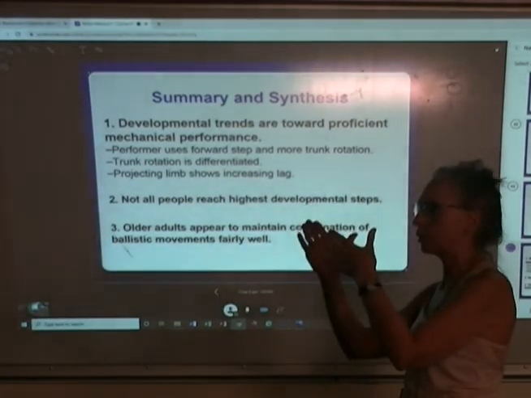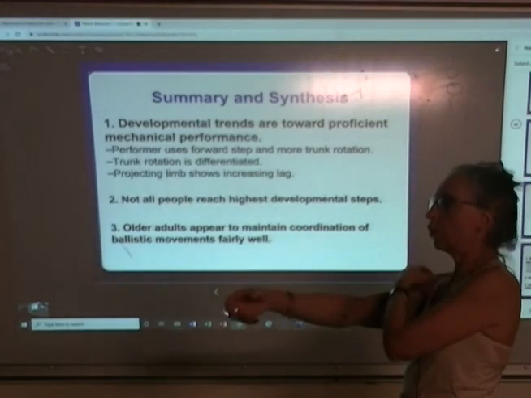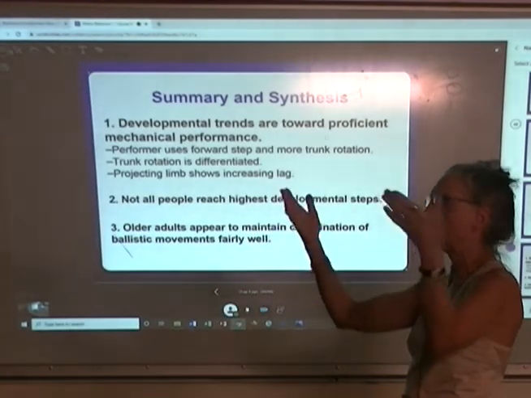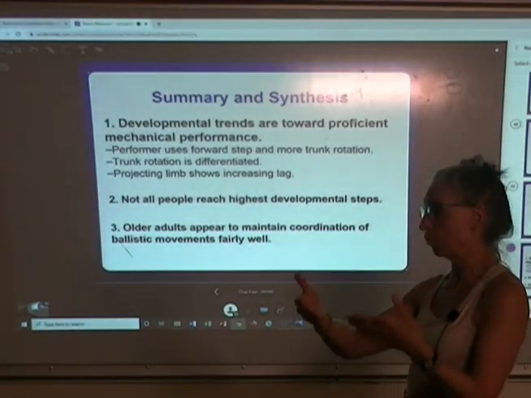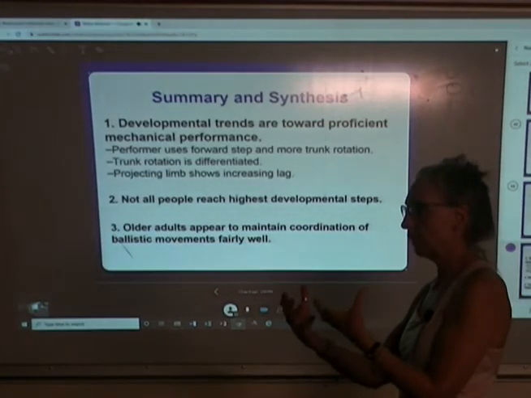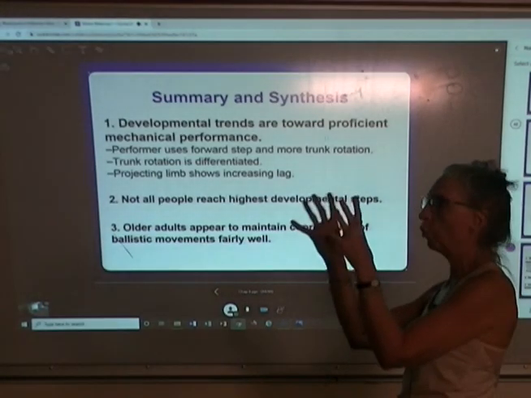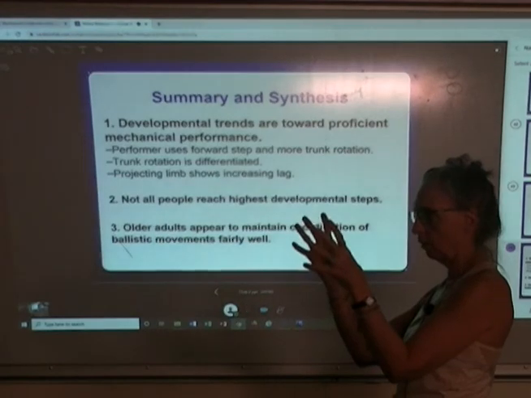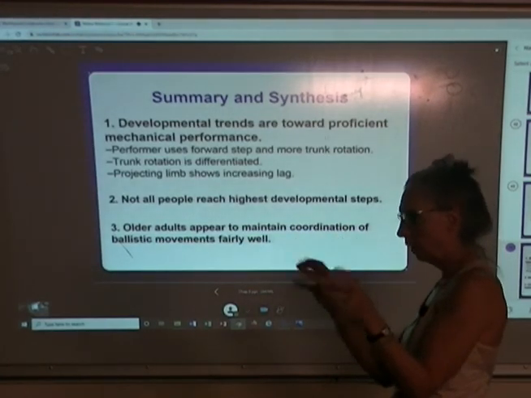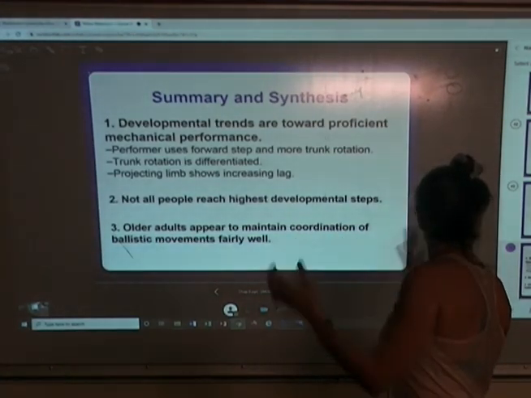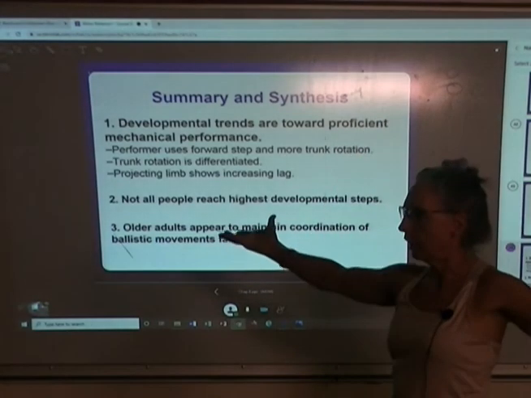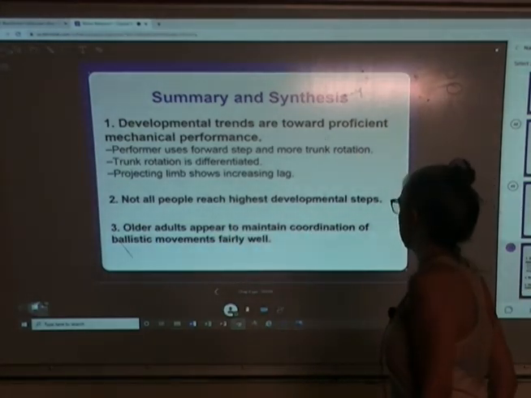Arthritis that limits the range of motion, loss of strength because of loss of type 2 muscle fibers, and those kinds of things. It's not the coordination of the skill that goes squiffy, okay? Ta-da! We're done with chapter 6.